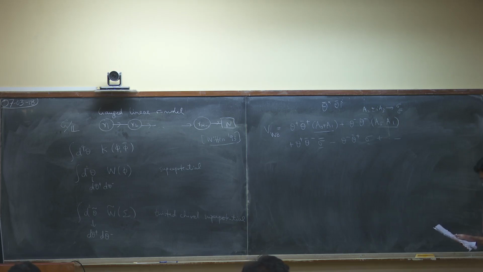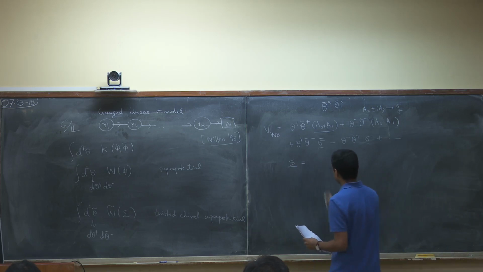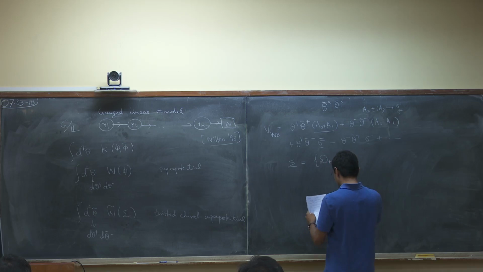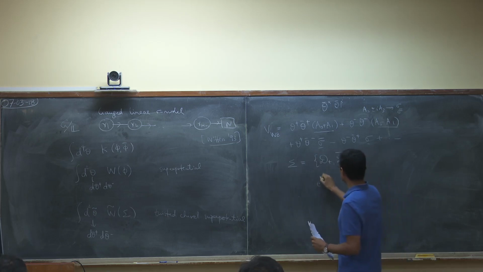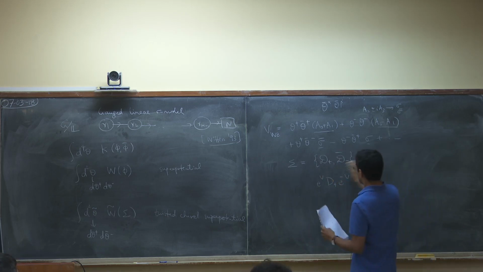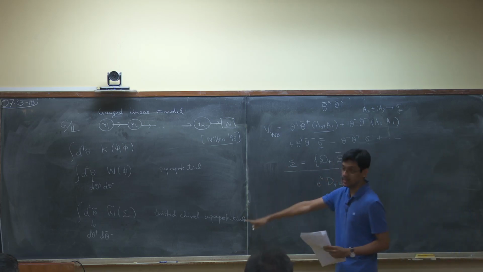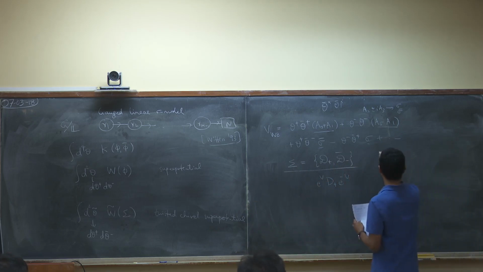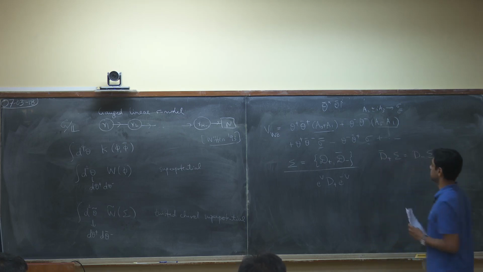Now you can define the following superfield, where these are gauge covariant superderivatives, essentially e to the v d plus e to the minus v. You can show that this is a twisted chiral field, meaning it's annihilated by d plus: d bar plus sigma is 0 and d minus sigma is 0.